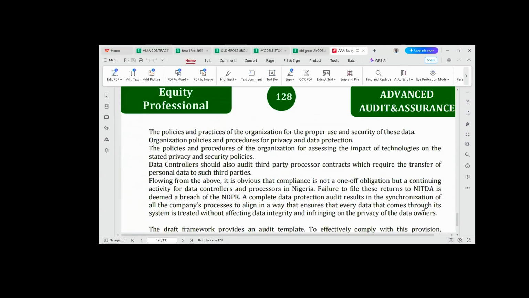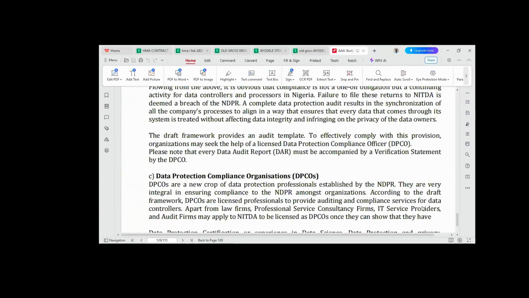And also, they have some other organizations still under the NITDA that they call Data Protection Compliance Organizations. All right. So what they do is that they are licensed professionals that have been trained.